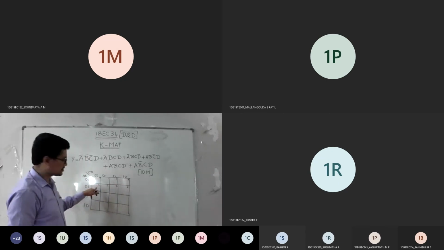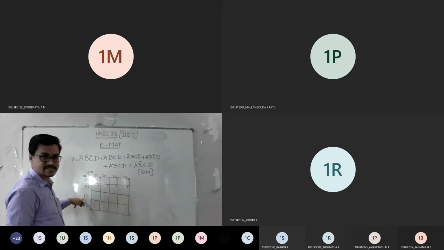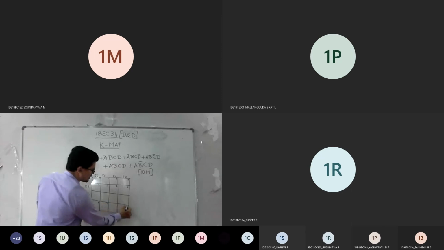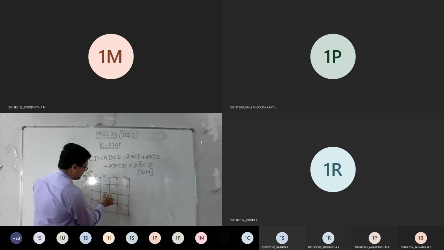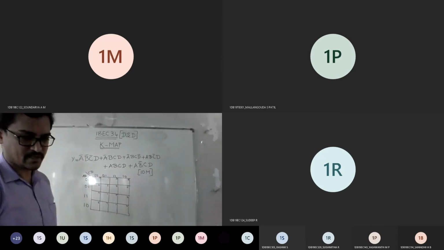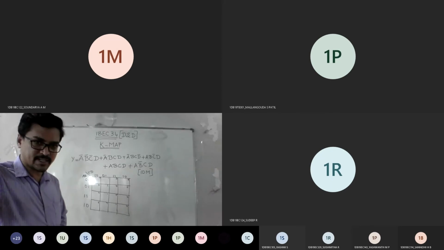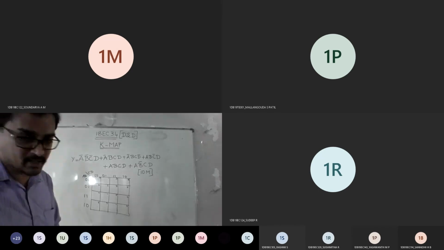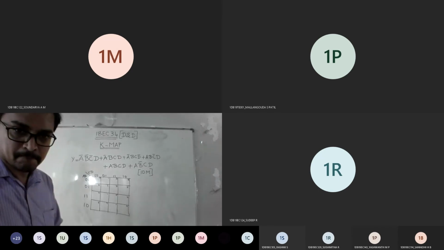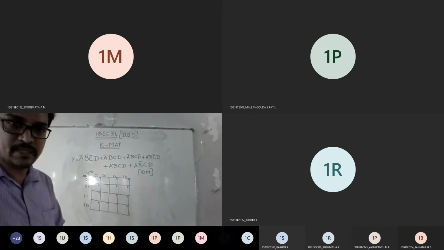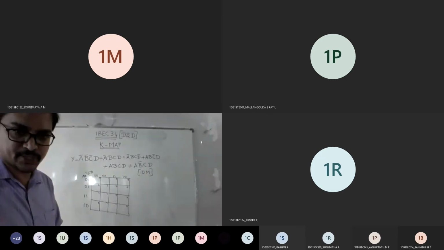After 7 don't write 8 here; continue in order, so write 8, 9, 10, 11, 12, 13, 14 and 15. If you write it like this, you get a clear picture of how to build a table. Any doubts anyone till here? The screen is visible, what is being written on the board? Yes, sir. Okay, good. So now can you tell me, after building this table, what the next step we should do?